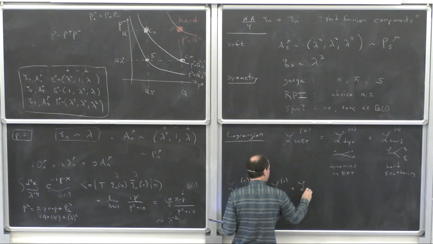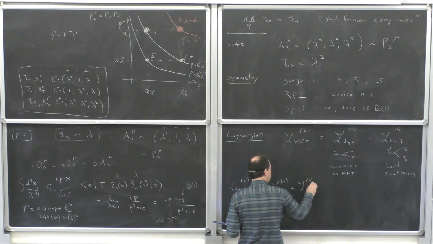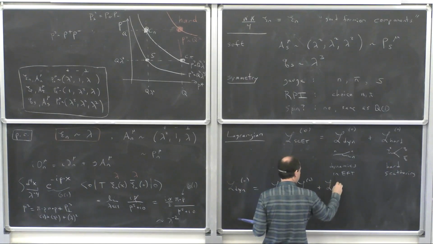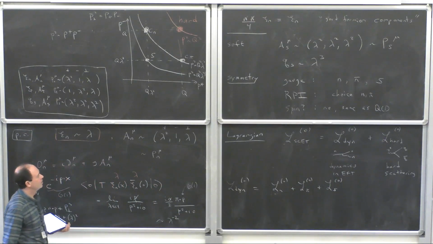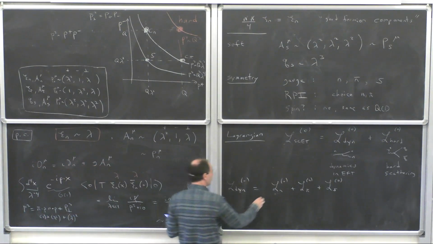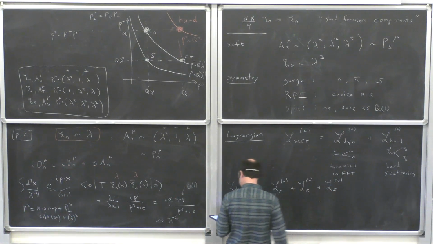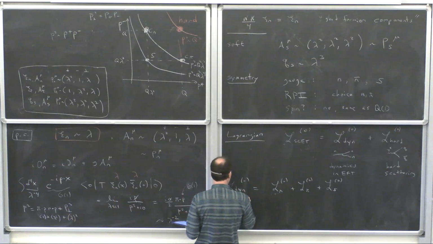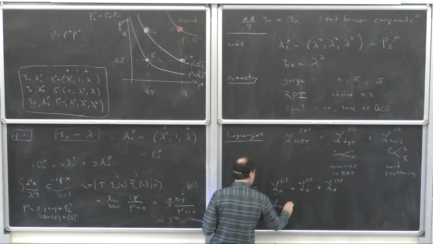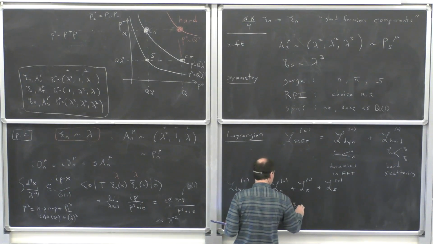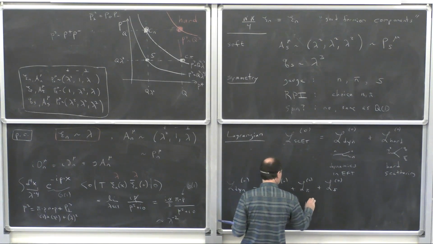The dynamical part itself separates. I'm just going to write down for you how it separates and then describe a little bit what the different parts are. You can separate it into an n-collinear part, an n-bar collinear part, and a soft part. The soft part, if you just look at this Lagrangian, it's just QCD. It's QCD for soft fields. Everything's homogeneous.